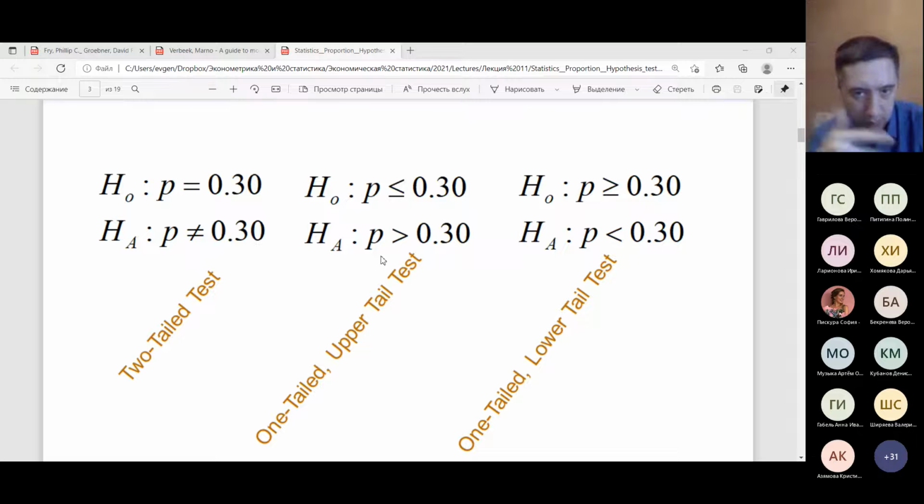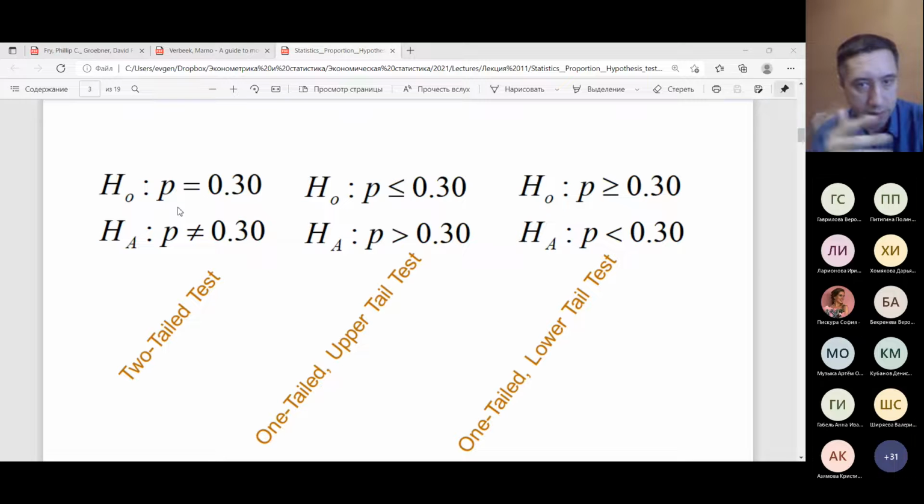A one-tail test could be an upper tail test when we work with the greater operator, or a lower tail test if we deal with the lower operator. Again, let me stress that when we formulate hypotheses, we always use parameters instead of statistics. We frequently ask about this in our exams, so pay attention to this detail.